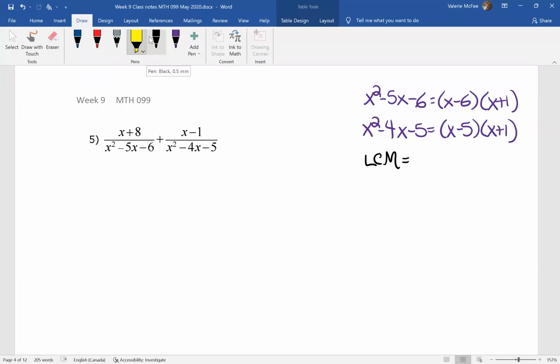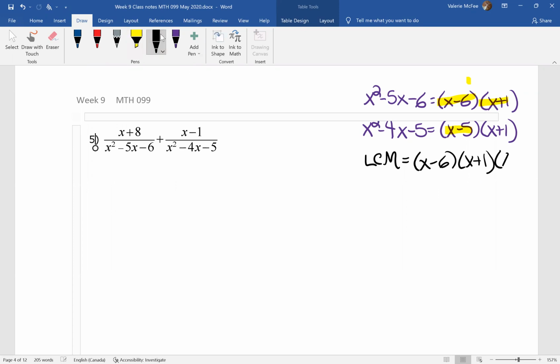We see that the first expression needs x minus 6 and x plus 1. And then we also see that the second expression needs an x minus 5. We already have the x plus 1.